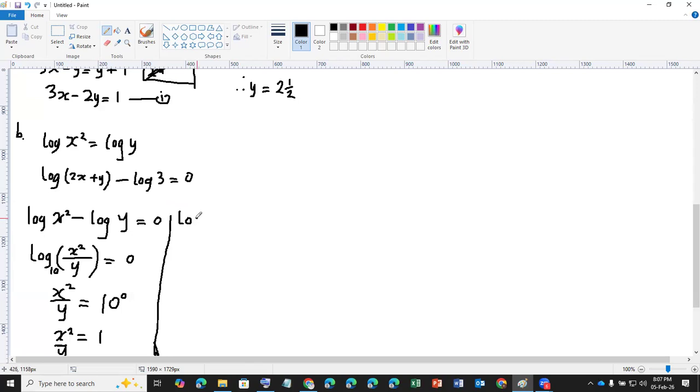So then you solve 2x plus y divided by 3. Now put a parenthesis around this so that it doesn't look like the log is on anyone.